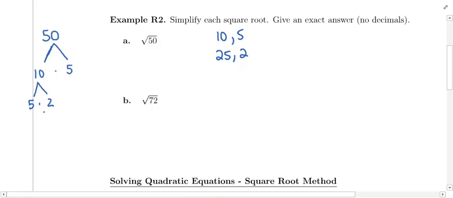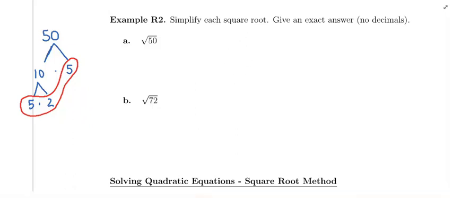So we're done making the factor tree, and we are going to circle the numbers at the end of each branch. This is what we're going to circle. If you multiply these numbers together that you've circled, you should get 50. 5 times 2 is 10, times 5 is 50. All right, so here's what we're going to do. We need to rewrite our square root. Like I said, we're trying to simplify it.